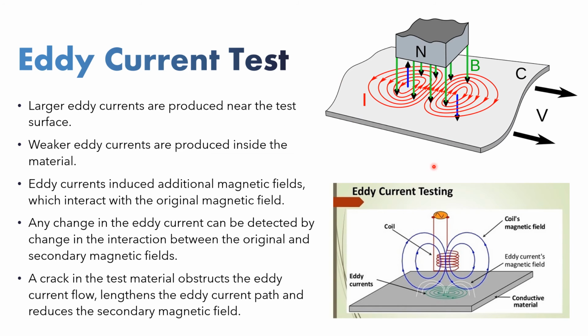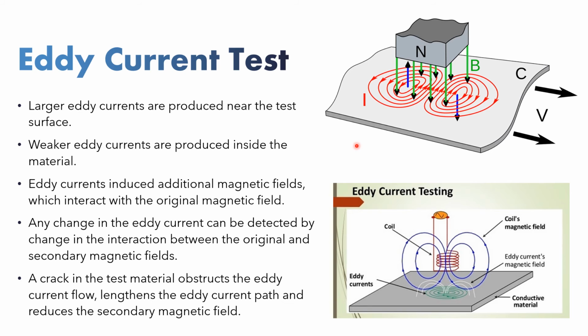Here we can take a look at the picture. Larger eddy currents are produced near the test surface, and weaker eddy currents are produced inside the material. Here, again, your magnetic flux, and here we have our voltage. That's how your currents are flowing in that direction.